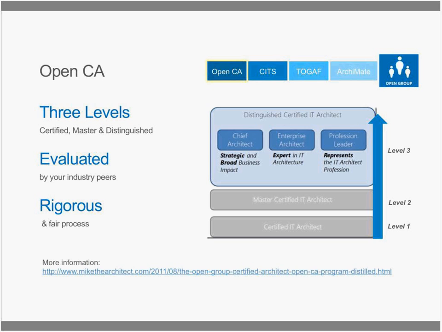The professional leader is one that represents the architect profession. So out of three, there's a minority here in the profession leader because it is so specialized. It's for organizations like you saw Steve mention of the corporate partners that are wanting to create OpenCA programs within their companies and be accredited.